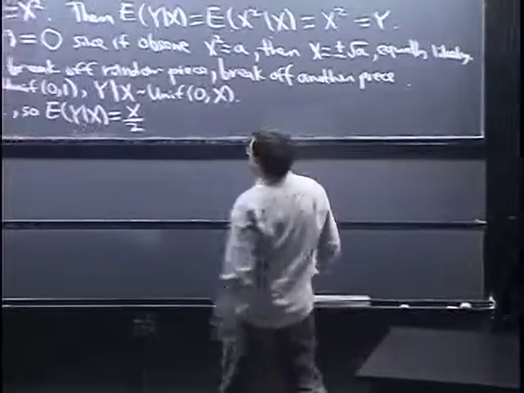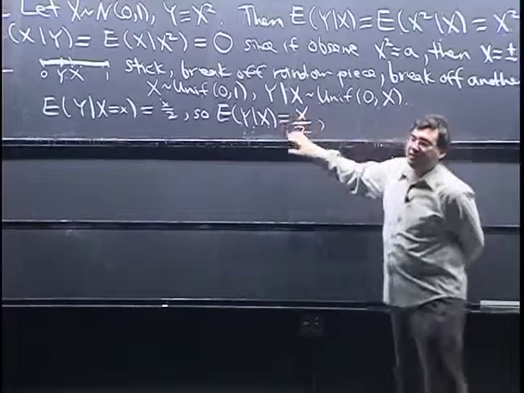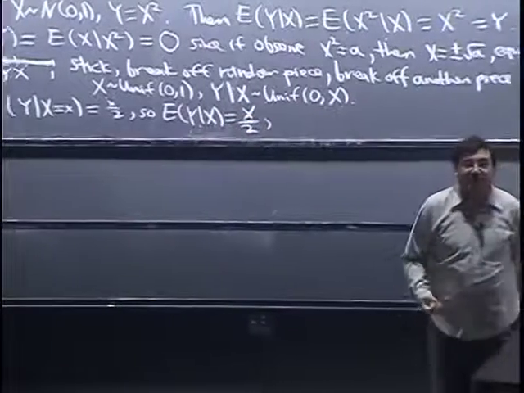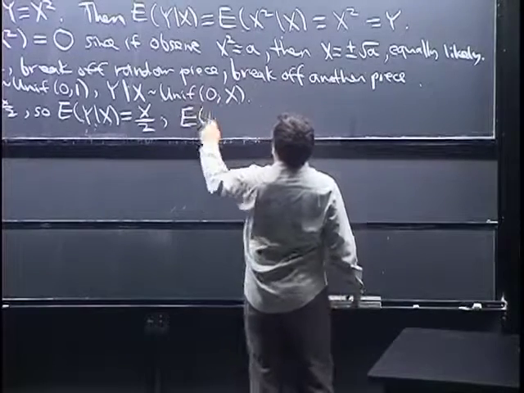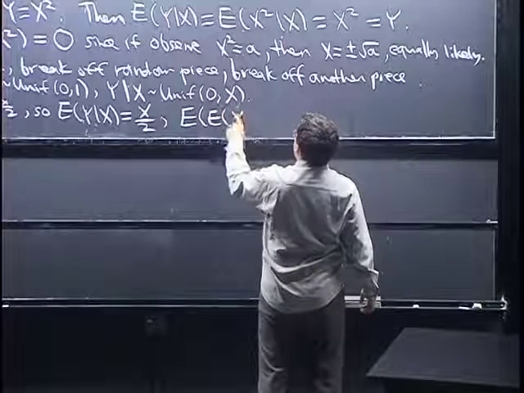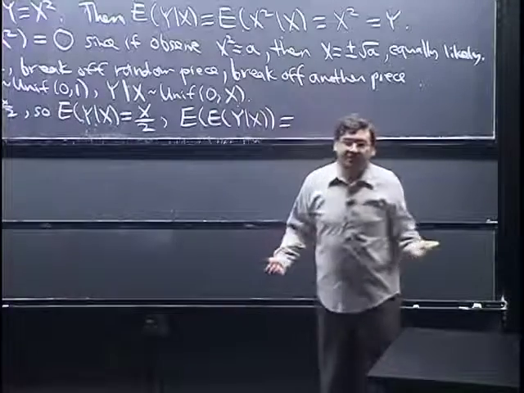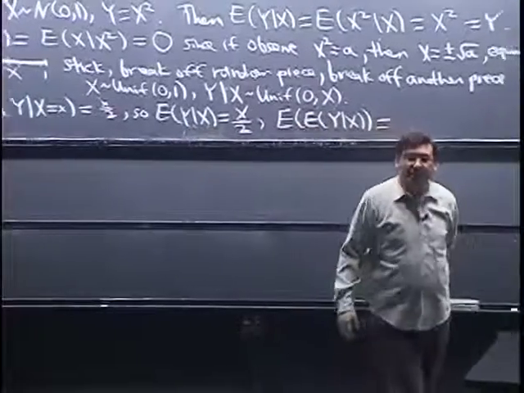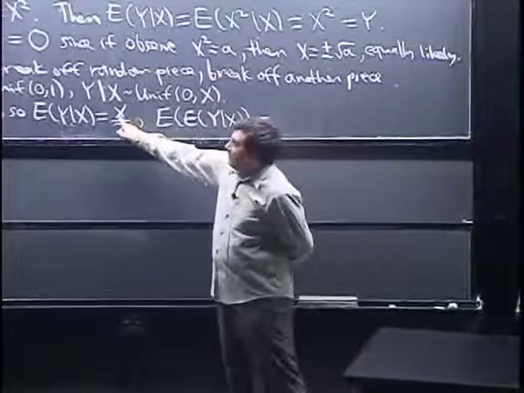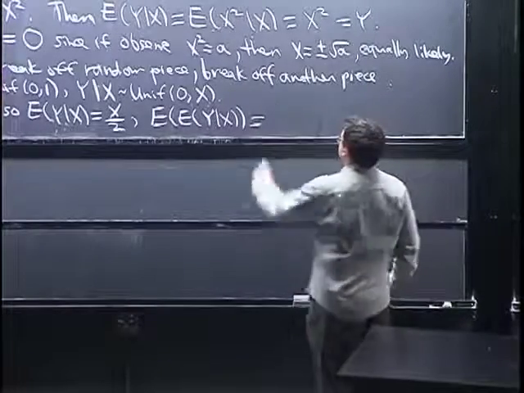And let's just quickly see what happens if we then take, so this is a random variable, we can then ask, what's its expectation? So if we now take E of E of Y given X, that makes perfect sense to do, right? Because that's a random variable. I can take its expectation. Expected value of X is 1/2, because that's uniform 0, 1, so 1/2 of 1/2 is 1/4.